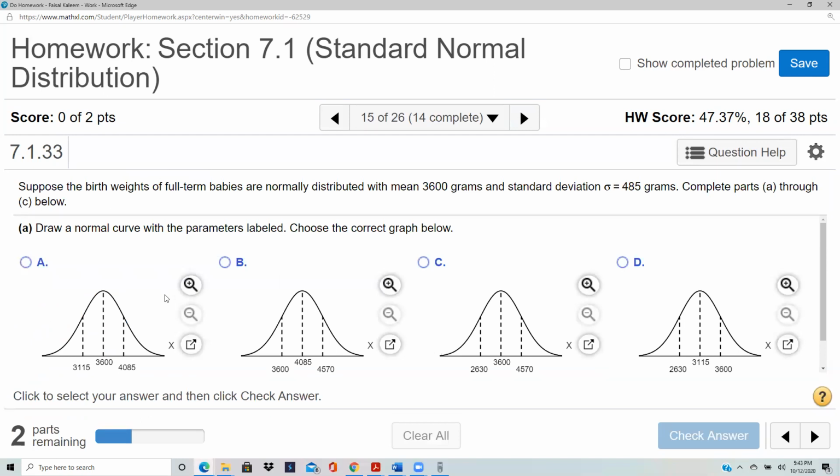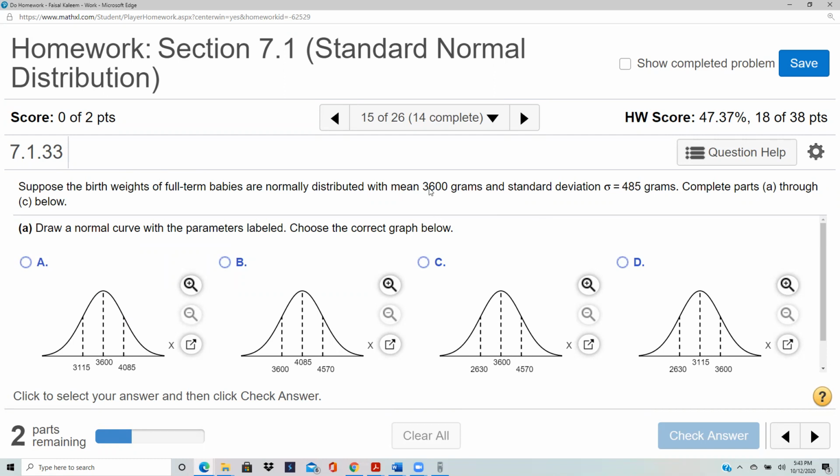Draw a normal curve with the parameters labeled. So you have mean of 3600 and standard deviation of 485. So 3600 should come in the middle. So A could be correct and C could be correct because they both have 3600 in the middle. And then you know that they draw the first ordered mark after the mean at 1 standard deviation.